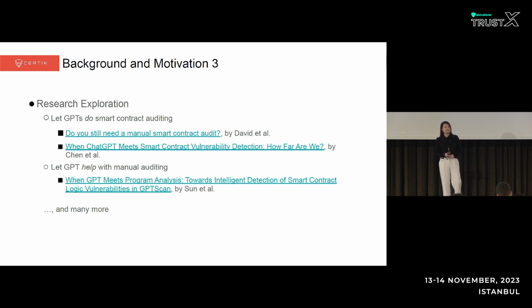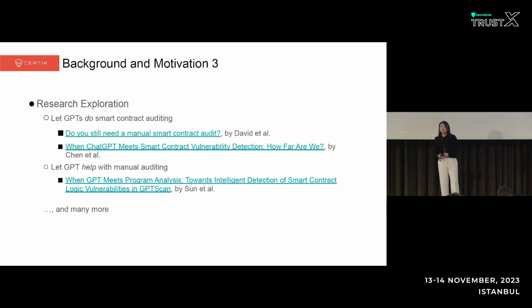In the past, in the space of smart contract security, a few researchers have been exploring what LLMs can do in the field. In the past couple of months, we have seen a lot of research papers rolling out. After reading all these great papers, we can categorize the researchers as exploring two directions. One is letting the GPT or LLM model do the smart contract audit automatically.